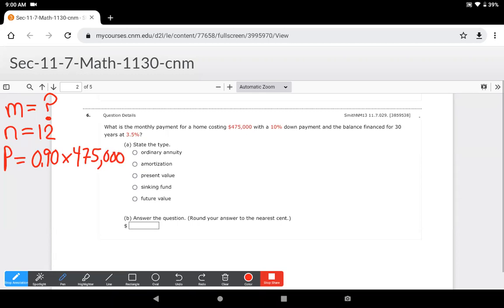Because it's this minus 10% of 475,000, which is just 90%, right? So they pay up front 10%, they're only going to finance 90%.